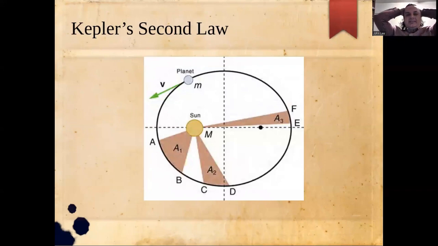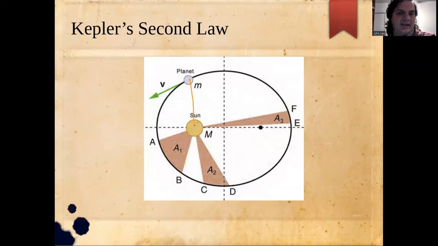Kepler's second law states that for any given time period, the area swept out by a line going through a planet is going to be constant. Let me show you what that means a little more openly.